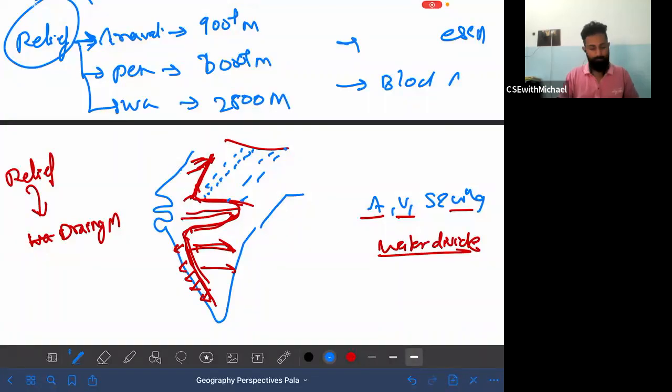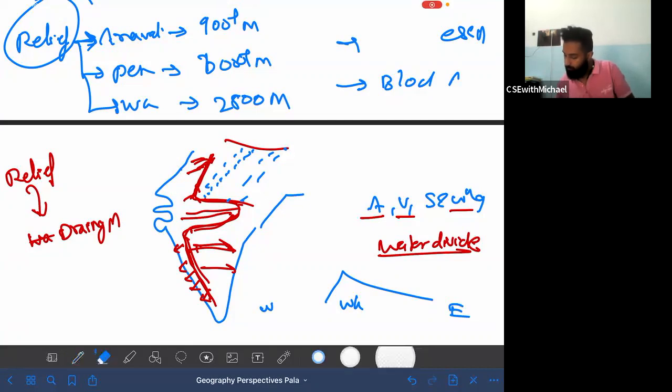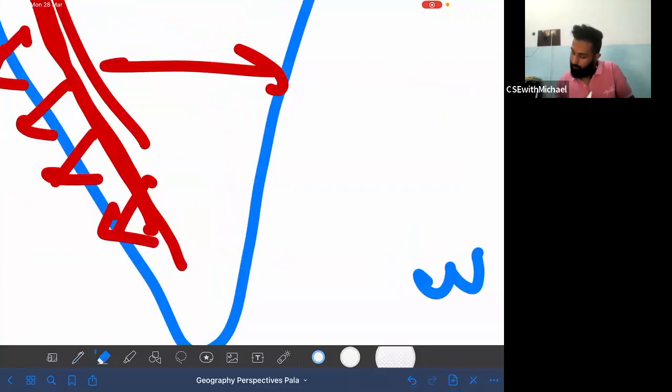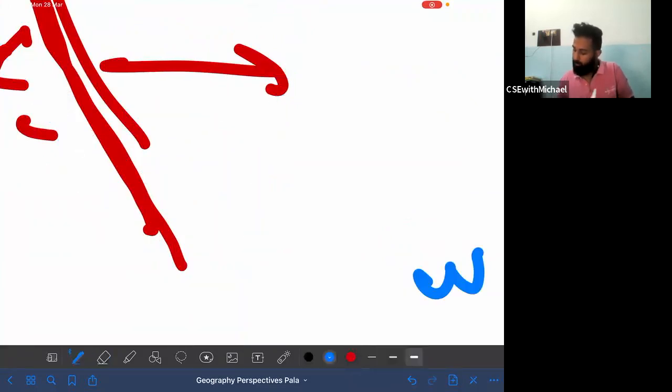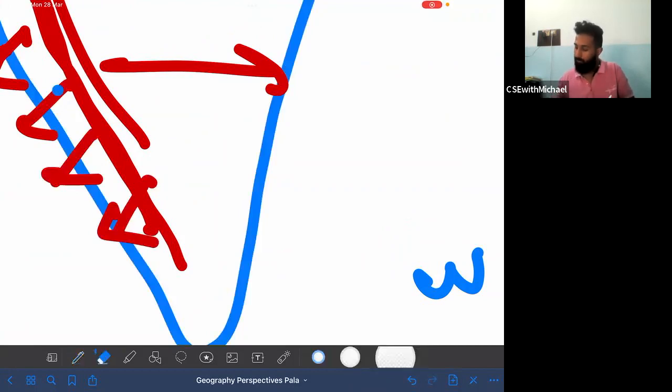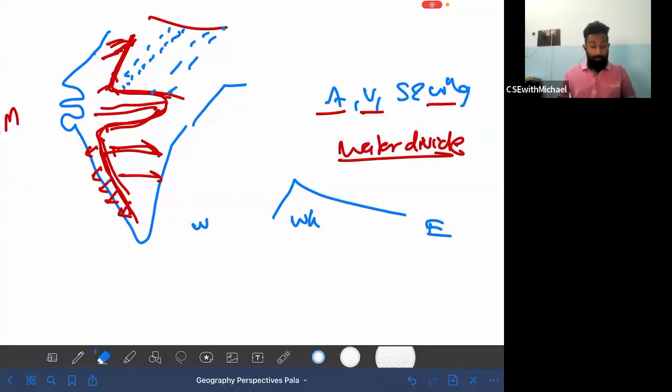In the southern Indian peninsula, on the western side, in the western coastal plain, the slope is very steep and westerly in nature, as revealed by the rivers originating from the Western Ghats.